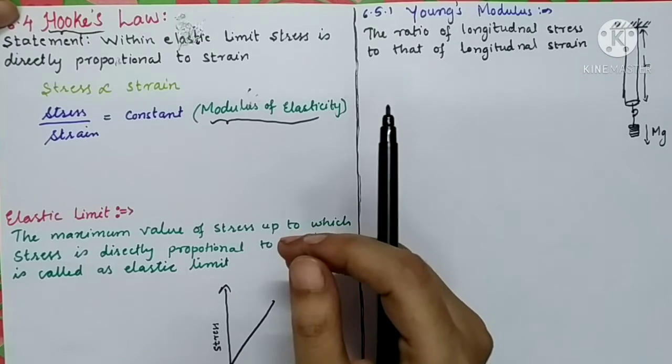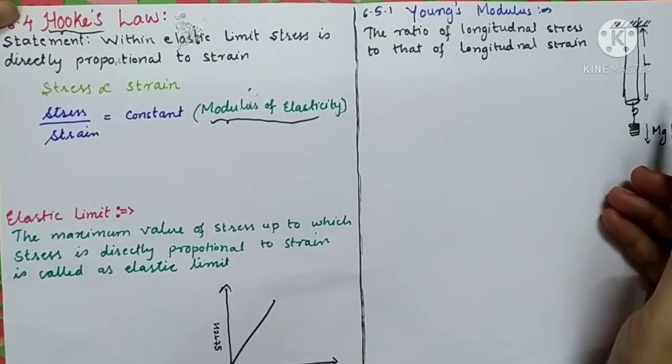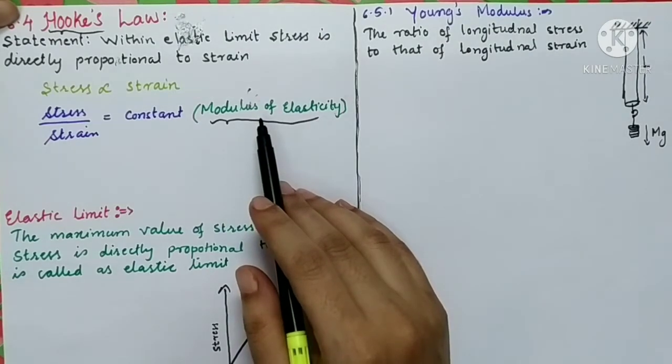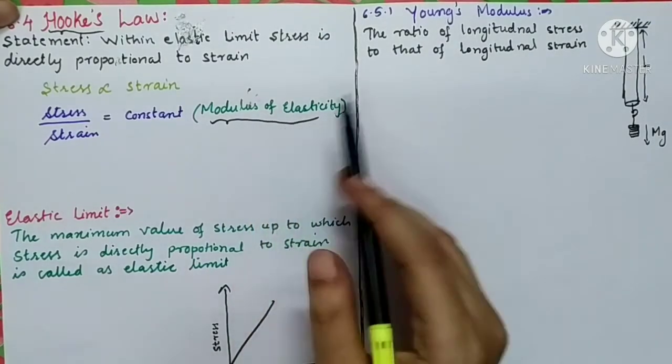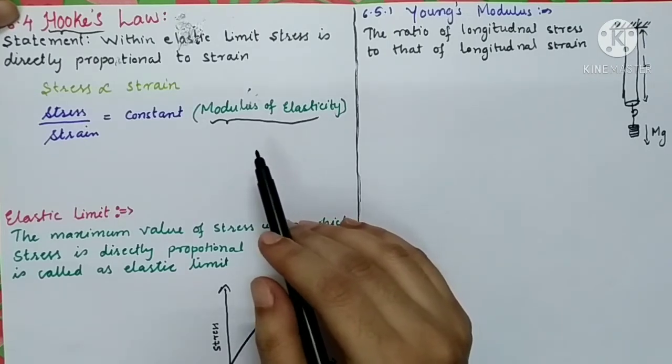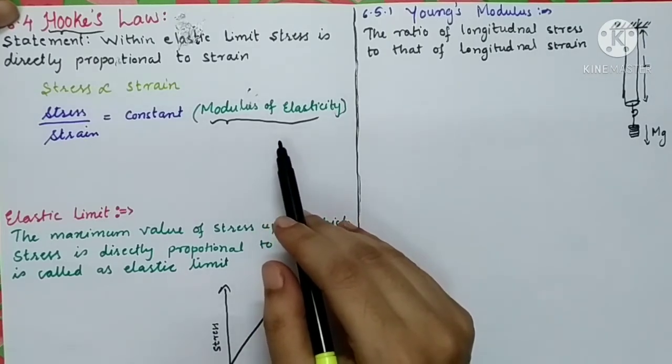Whenever we are considering the change in length of the wire, the modulus of elasticity will be called Young's modulus. When we consider the change in size of the object, then the modulus of elasticity will be called bulk modulus.